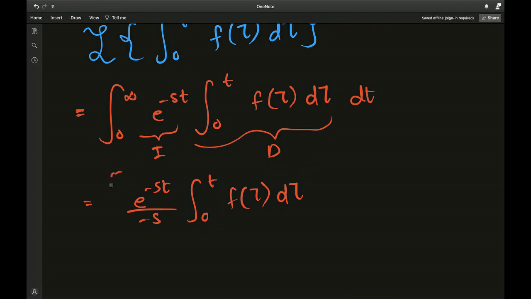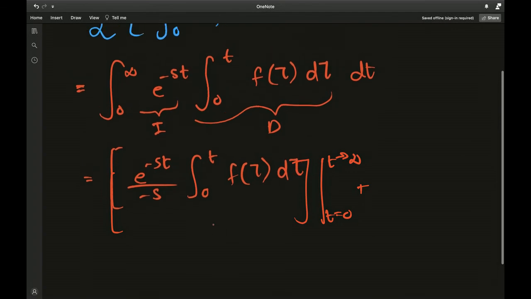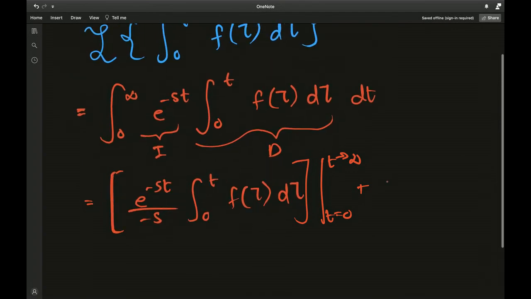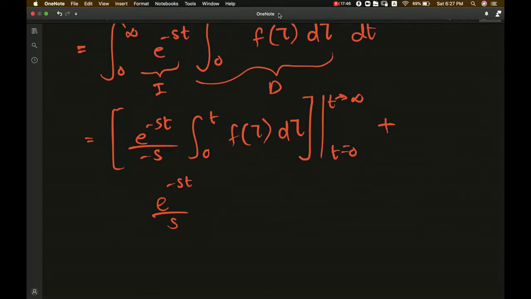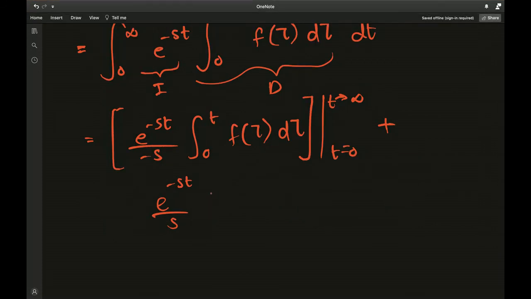But this entire first term is evaluated from t equals 0 to t tends to infinity, minus minus plus e to the negative st over s, and the derivative with respect to t of the second term, integral from 0 to t, f of tau d tau.